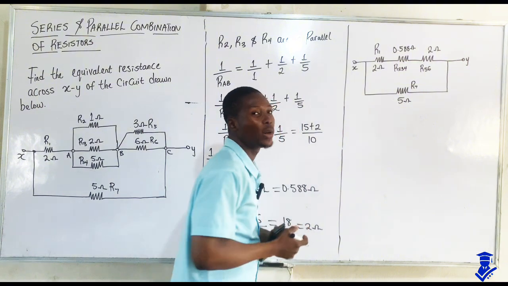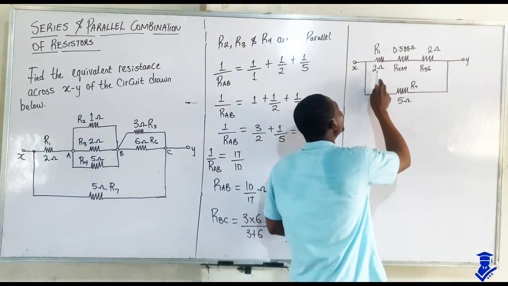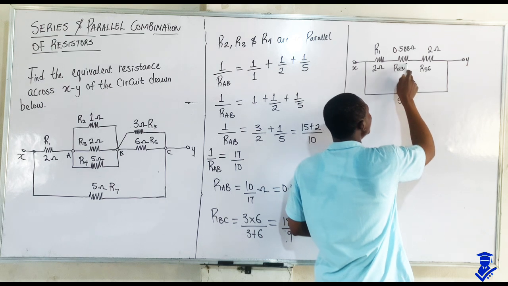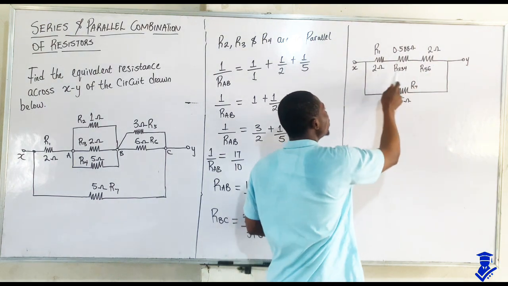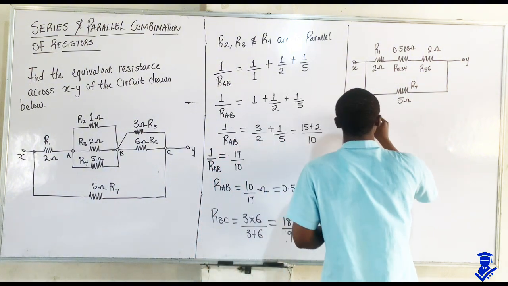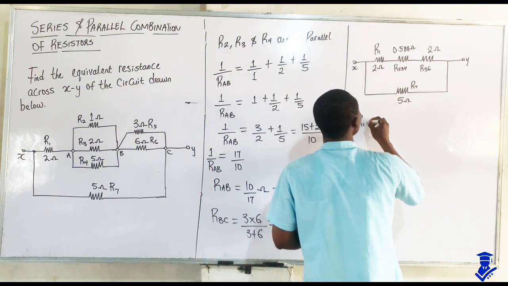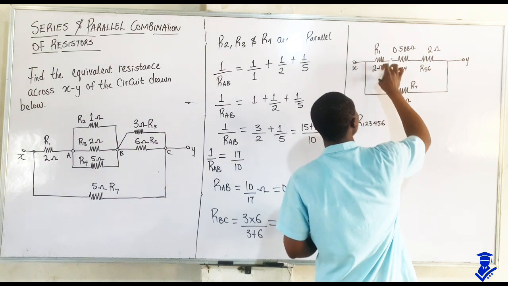All right. R7. Now, what do we do next? If you notice, the 2 ohms resistor and this resistor are in series, and this resistor and this resistor are in series. So we are going to have R1, 2, 3, 4, 5, 6 as a combination of this.